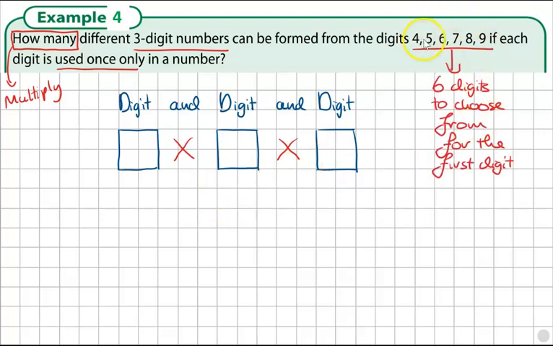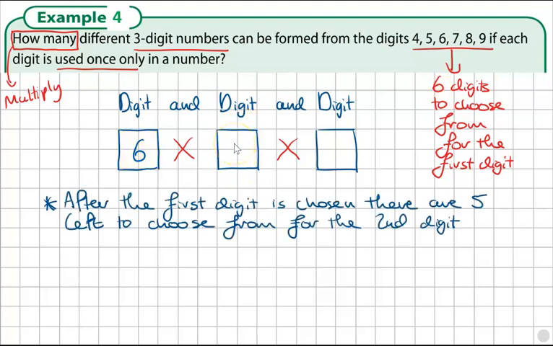From the numbers 4, 5, 6, 7, 8, and 9, there are 6 digits to choose from for the first digit. So 6 goes in the first box. And once we've used one of them, it doesn't matter which one, we've only got 5 digits to choose from for the second digit. So we have 5 options for the second box.